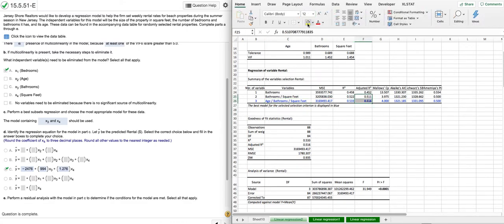And this kind of introduces a little bit of a gray area in model building, I should say more specifically. What we're looking at here is strictly by adjusted R squared, we would accept the best model as being one that includes all three of the remaining independent variables, age, bathrooms, and square feet.